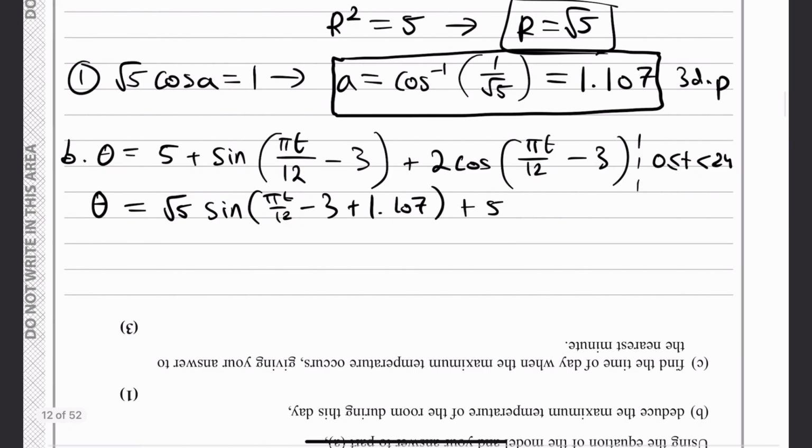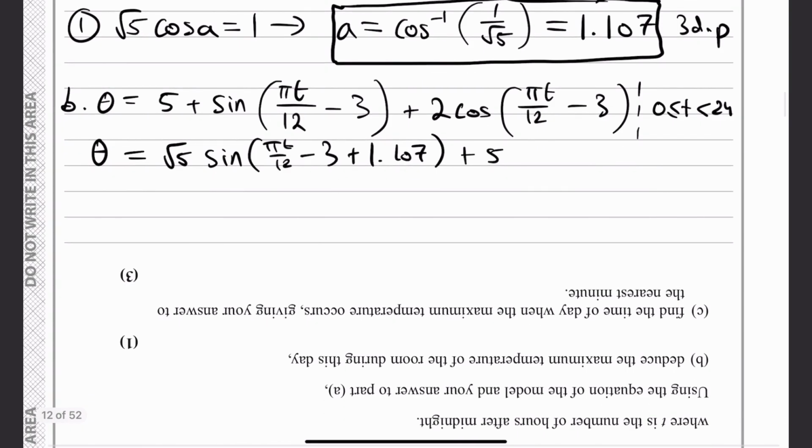And we want to find the maximum temperature during the day. So that's basically just finding a maximum. And to do that, we'd have to find the derivative of this, so d theta over dt. Wait, one sec. Let me just simplify this, so we have slightly easier stuff to work with.